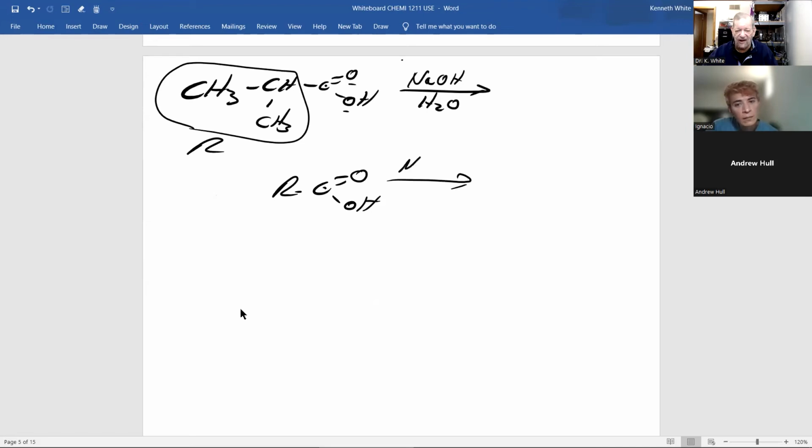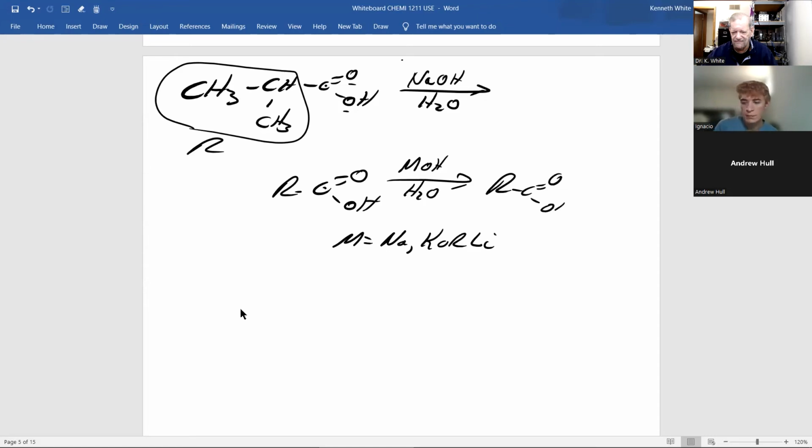Sodium hydroxide, MOH, water, and M can be, in this case, it is sodium, it could be potassium or lithium. And what you get is the carboxylate anion.